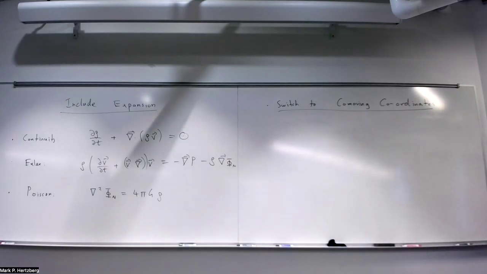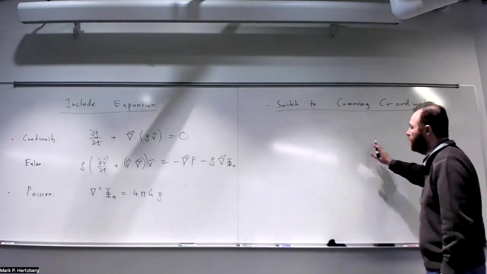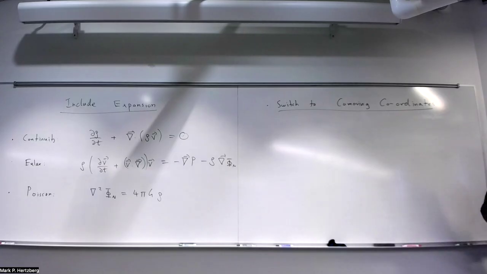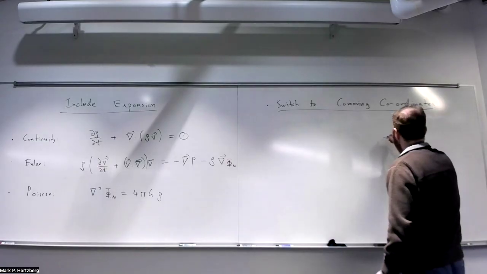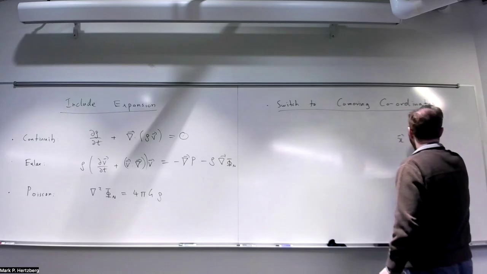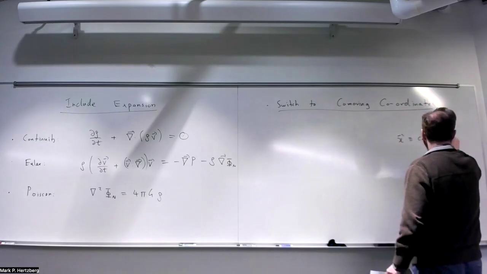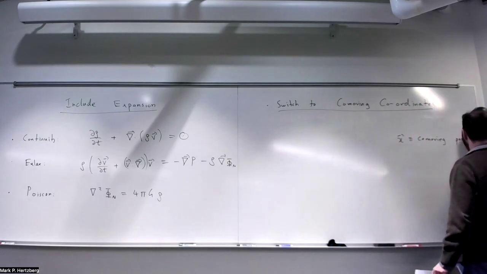Okay. Now, as we've done in the course, usually when I write a co-moving coordinate, I write x. That's already the co-moving position.